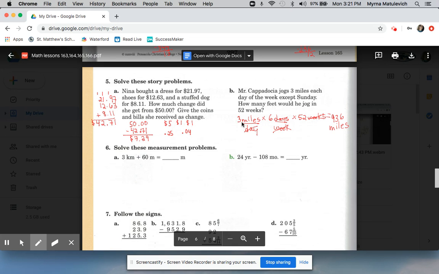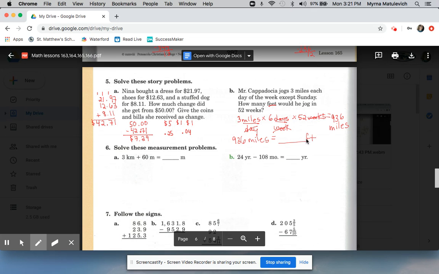So I know that 3 times 6 is 18. 18 times 52 is 936 miles total. But now I need to change miles to feet because they want to know how many feet he would jog in 52 weeks. So I need to change 936 miles equals how many feet?